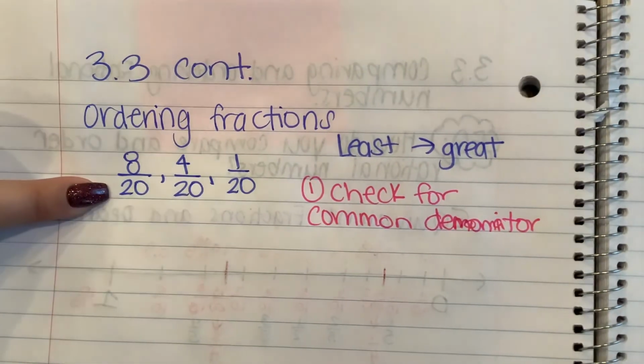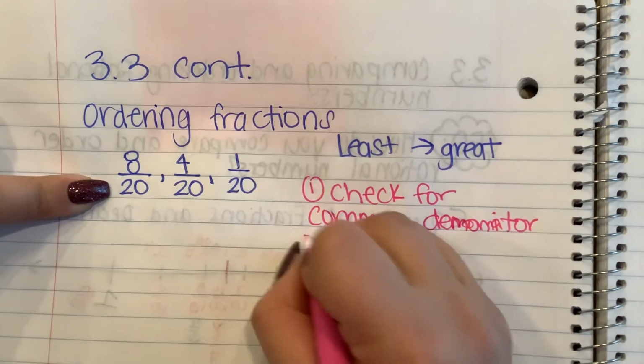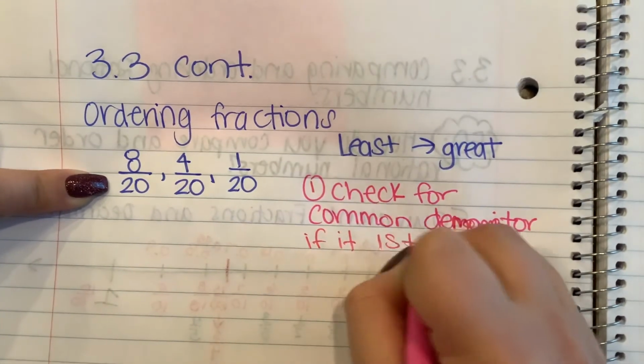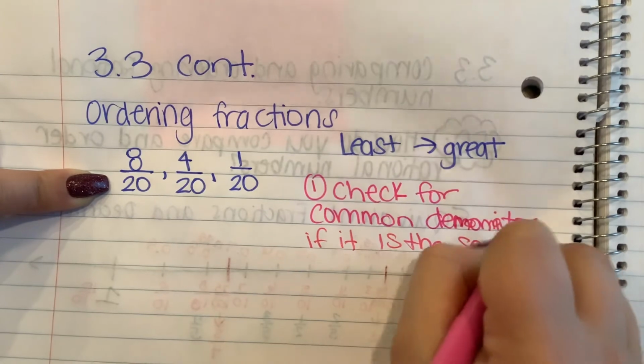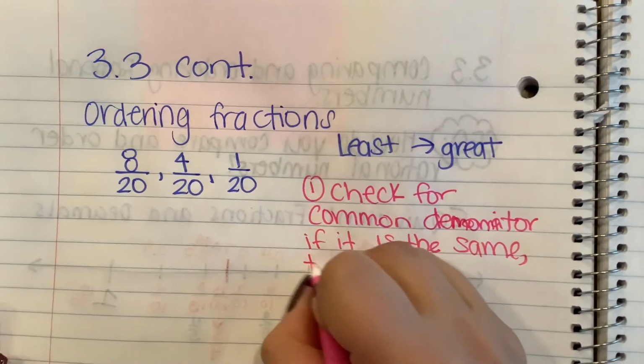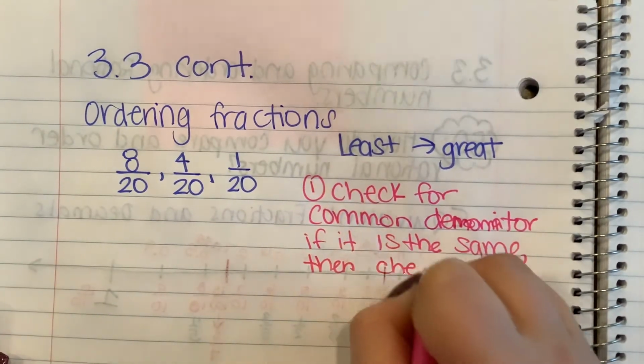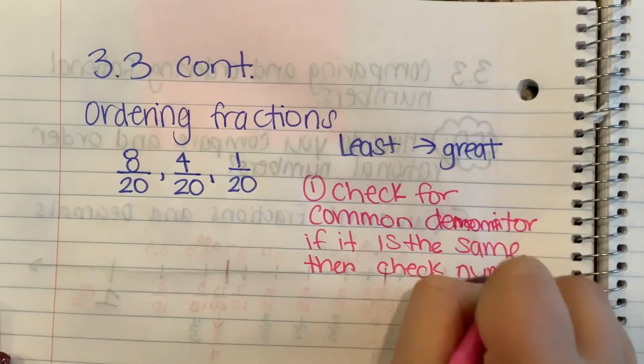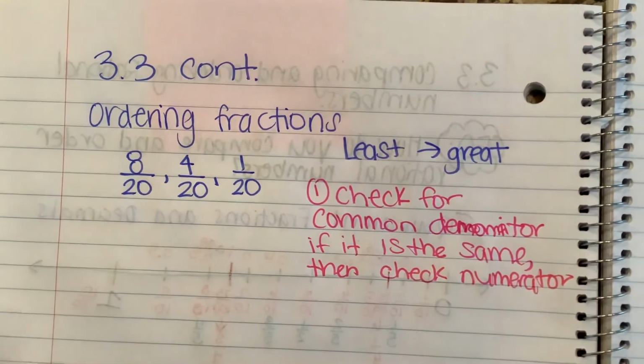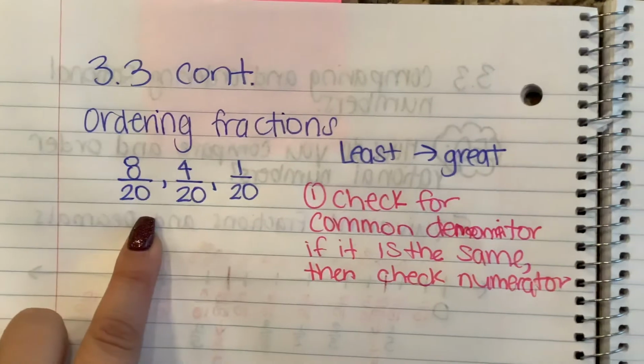If the common denominator is the same, then check the numerator. Okay, so in this situation, they're all 20.